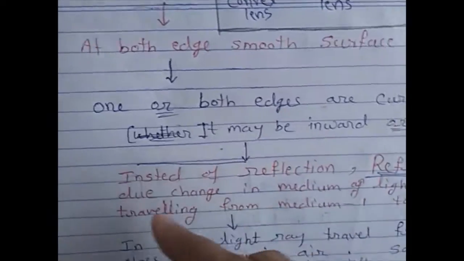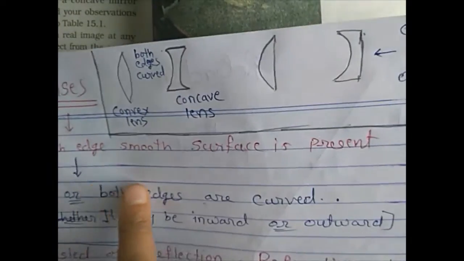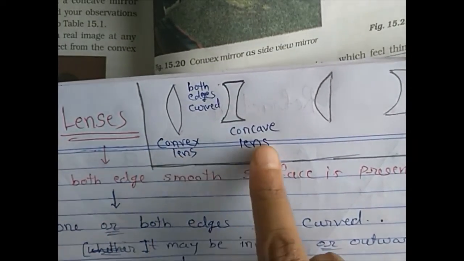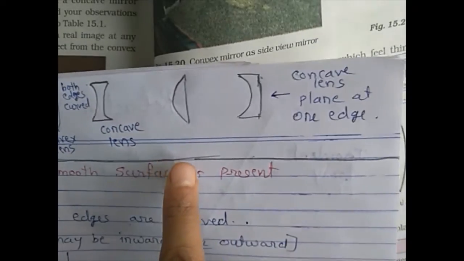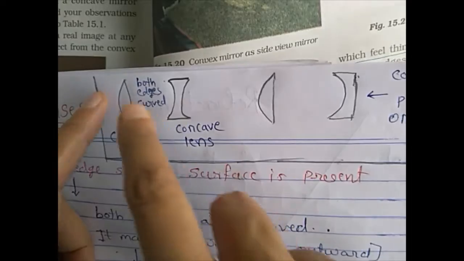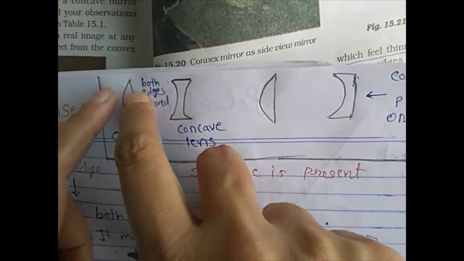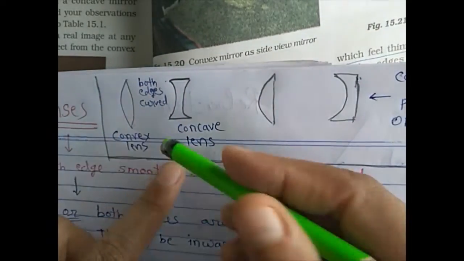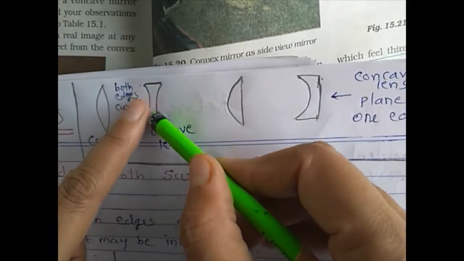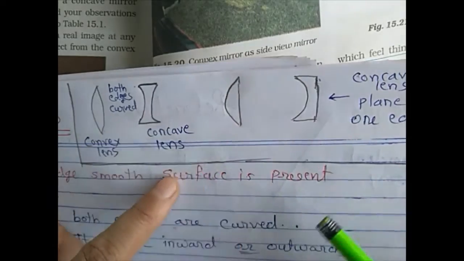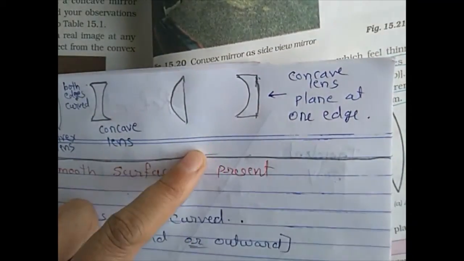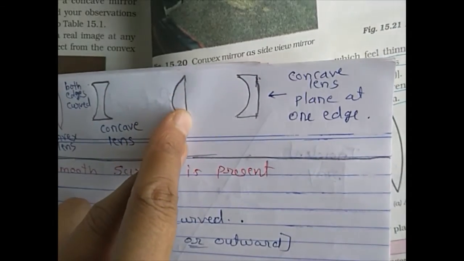At first we will see some points here. Lenses are mainly of two types: convex lens and concave lens. It is not necessary for a lens to have both surfaces curved. Here in this convex lens both surfaces are curved, and also in this concave lens. But somewhere we use a lens having only one surface curved and the other surface plane.